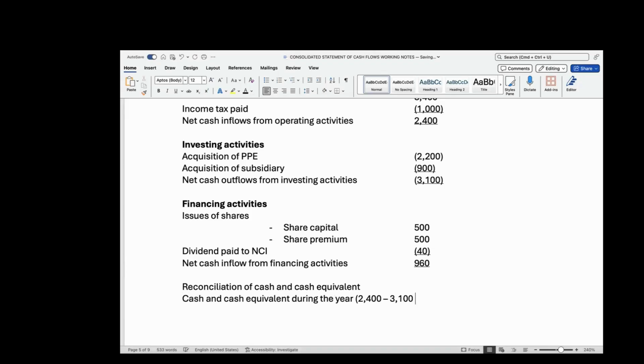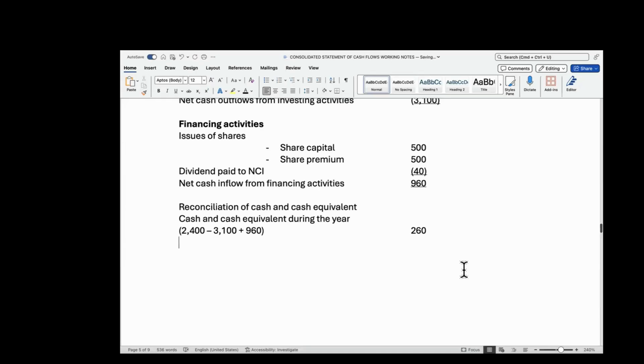Minus 3,100 plus 960. What does that give us? 260. Outflow or inflow? Inflow.